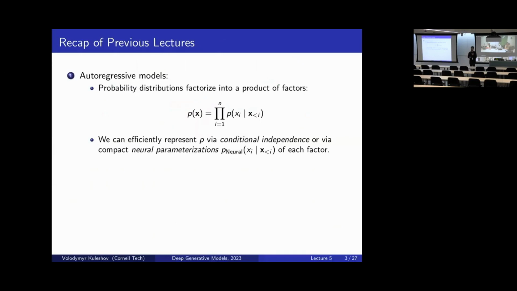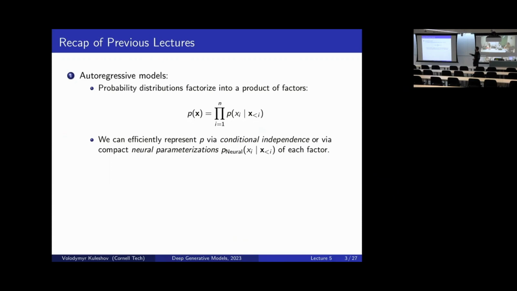Before I introduce anything new, let's look again at the models we defined in the first 4 lectures. We mostly looked at these families of autoregressive models. The idea of an autoregressive model is that you have a probability distribution over some high-dimensional vector x, which could represent our image, and then each component of x could be a pixel.